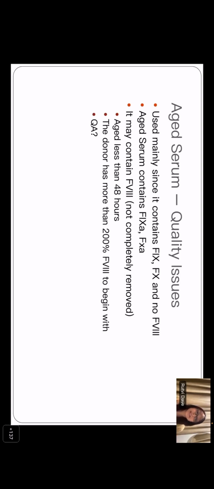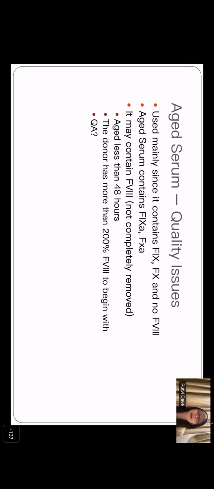Another possibility is that if the donor whose serum you had used had very high levels of factor 8 of more than 200%, even after allowing it to age for 48 hours, all the factor 8 may still not be removed. So even the 8 serum has a quality issue.